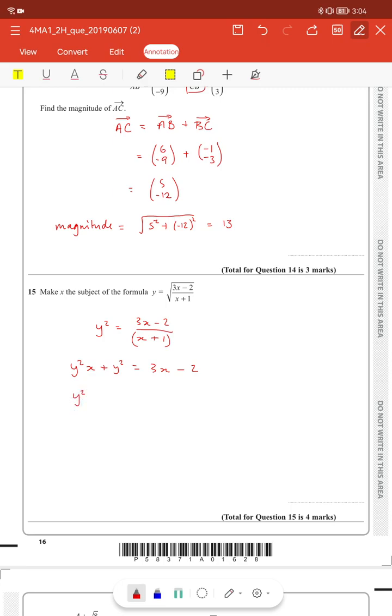So I'm going to get y squared plus 2 is equal to 3x minus y squared x. And on this side, I'm going to factorize out my x's. So I get 3 minus y squared is equal to y squared plus 2. So I know that x would equal y squared plus 2 over 3 minus y squared.